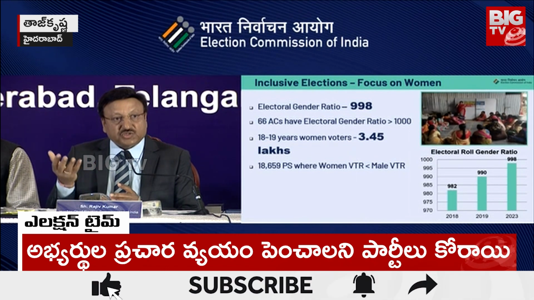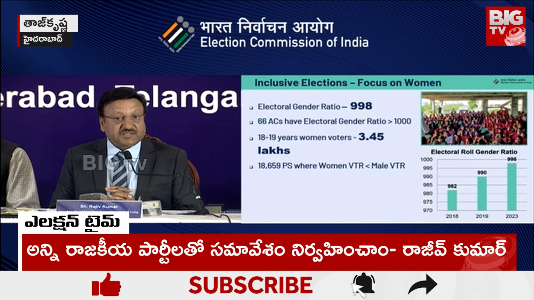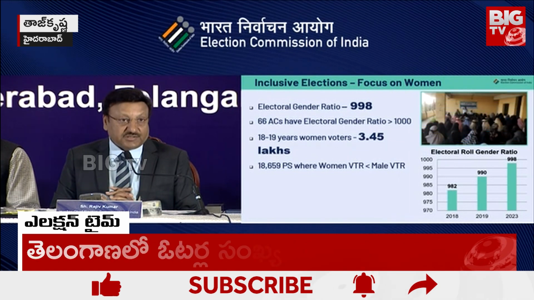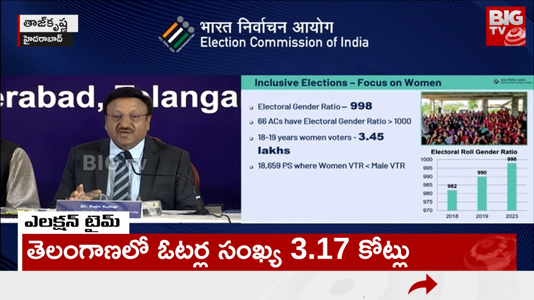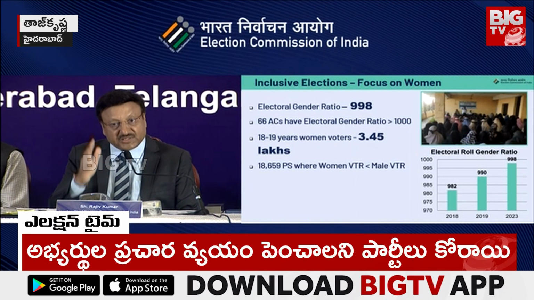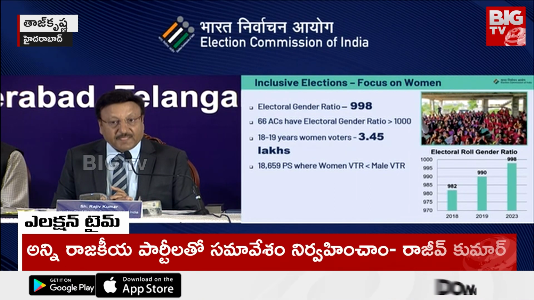But now how do we ensure that they come and vote? We are identifying 66 ACs where the elector gender ratio is less than 1,000. The average is 998, so we still want to work on it, though it's almost 100% now, 1.58, 1.58. But there are 66 constituencies where it is less than 1,000, and we are working on it.